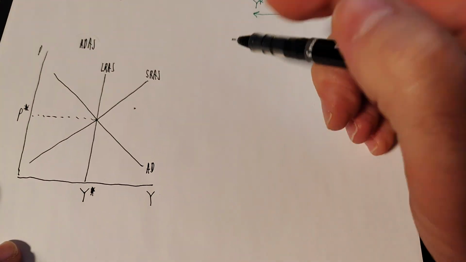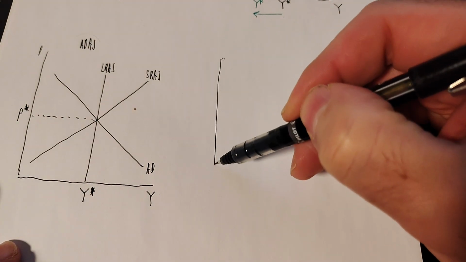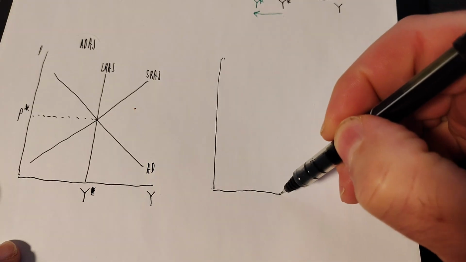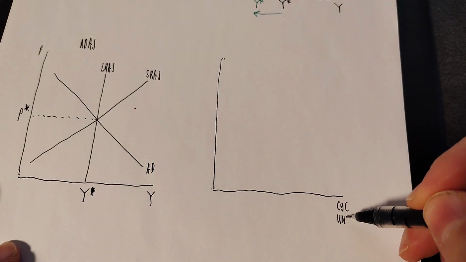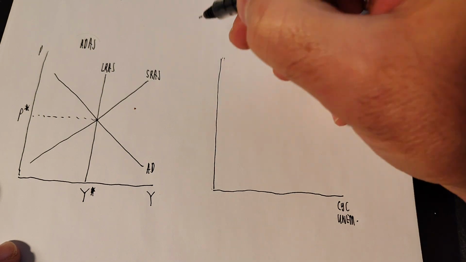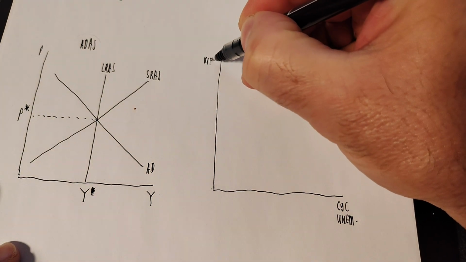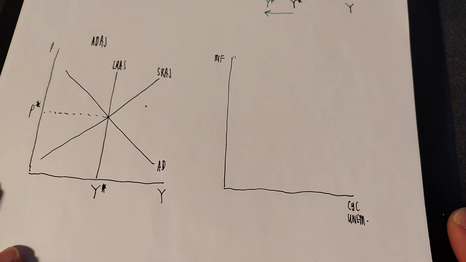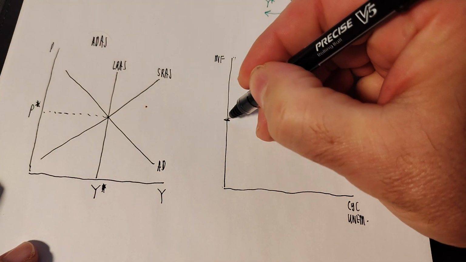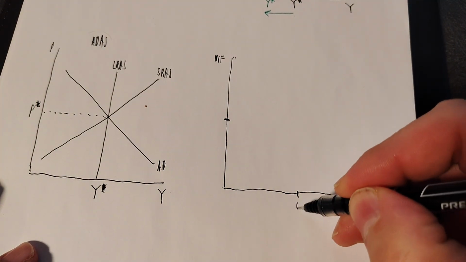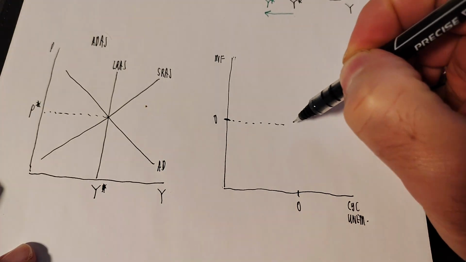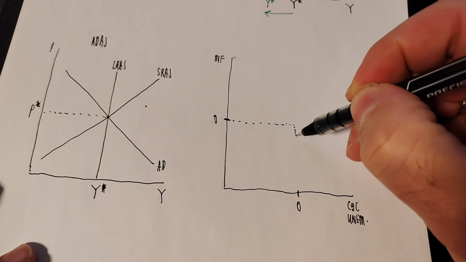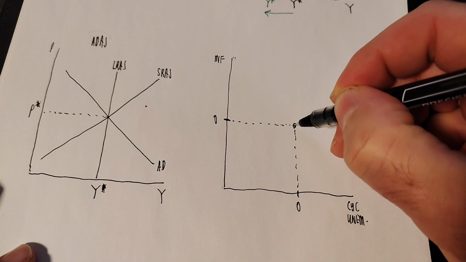All right, and here I'm going to draw a graph that's going to have cyclical unemployment on the x-axis and inflation on the y-axis, right? And we're going to start off at 0 and 0. So the first point here is going to be right there.